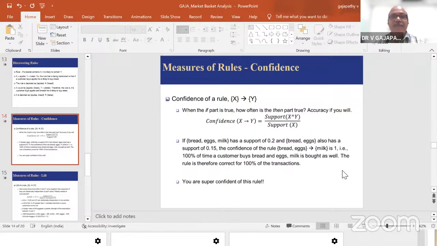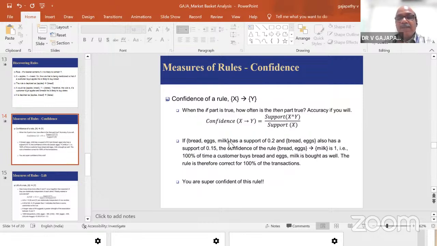Should we discuss more? You see, bread X milk has a support of 20%. Bread X also has a support of 15%. The confidence of bread X implies milk is, you see here, the bread X becomes X, milk becomes Y. Therefore, now bread X milk will be the numerator.